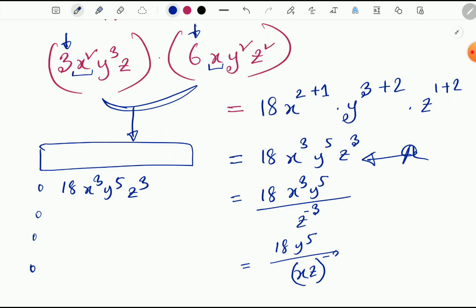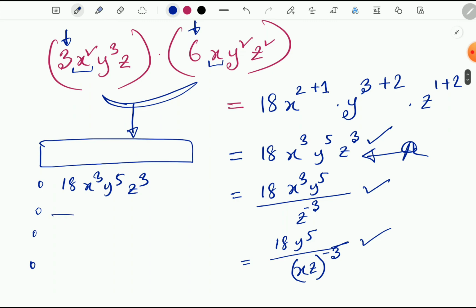See, so these options, all are correct. So in the real-time exam, you will be given very similar and critical options. Don't expect that it would be exactly the same as you expected. No, you have to be careful. You have to look at the options, and if you need any adjustment, then you have to do that. Otherwise you can't find the answer.